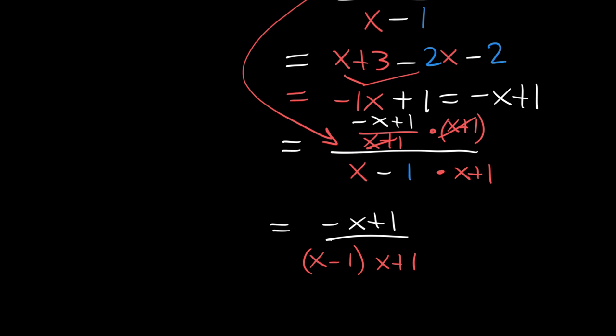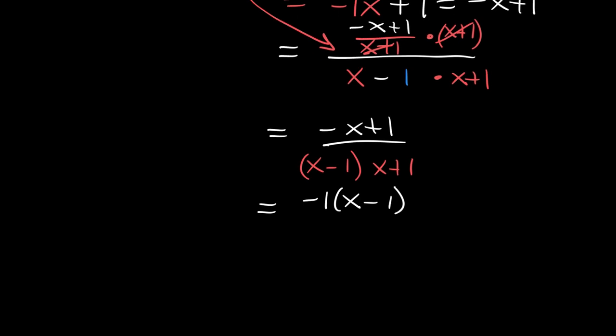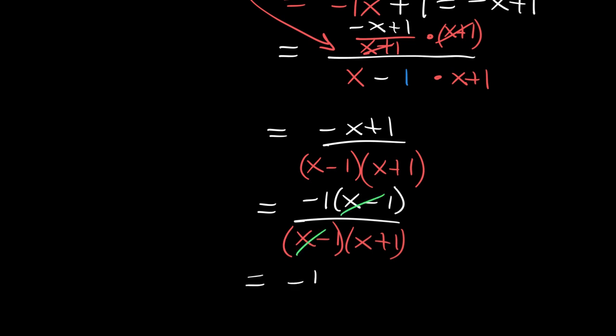Now on the numerator, I can factor out a negative 1, which changes the sign to x minus 1. And then we're almost there. That would be over x minus 1 times x plus 1. And then these would cancel. And I'm left with negative 1 over x plus 1.